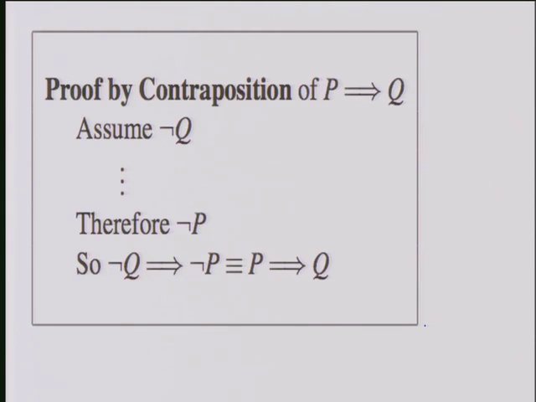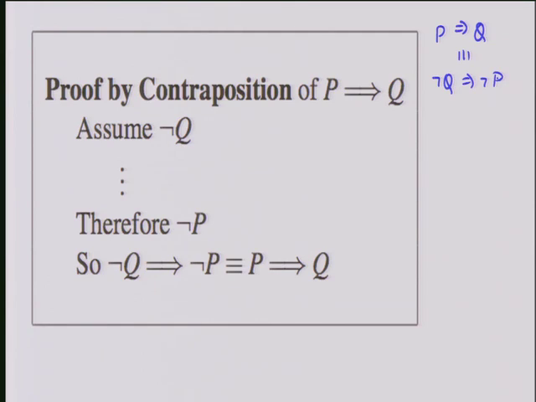Then you remember that P implies Q is the same thing as not Q implies not P. So instead of proving that P implies Q, what you do is prove that not Q implies not P. And then once you're done with that, you conclude that P implies Q.